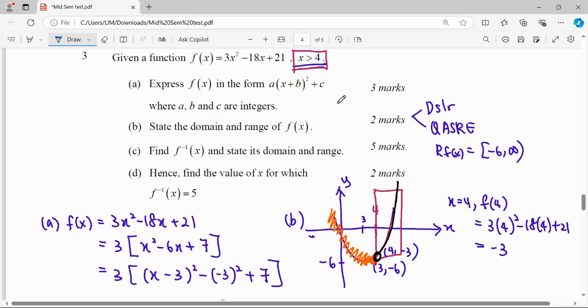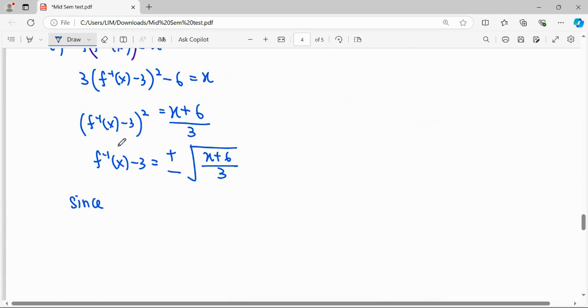You can see when the domain starts from 4, this quadratic is a one-to-one function. That's why we can find its inverse. Since our domain is more than 4, f inverse only takes the positive part. Then lastly, we move the 3 to the right-hand side. So that will be our f inverse.